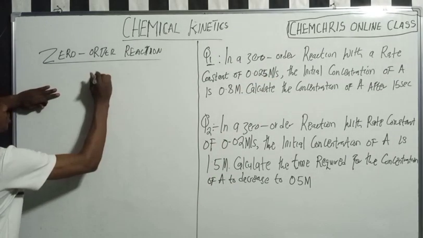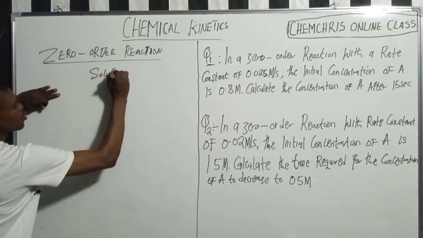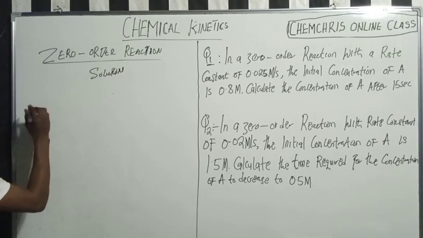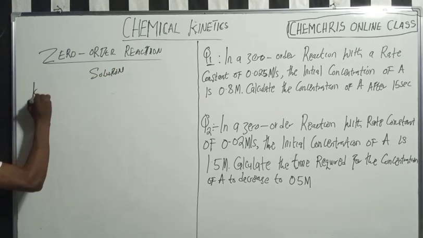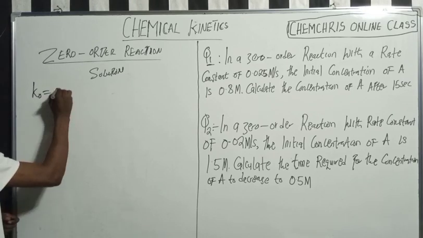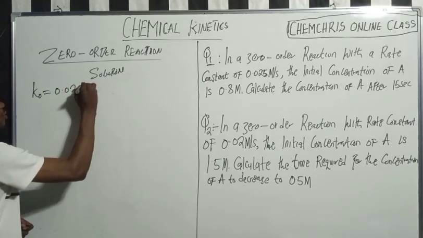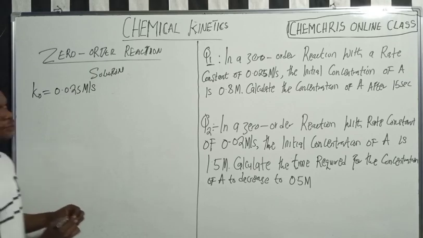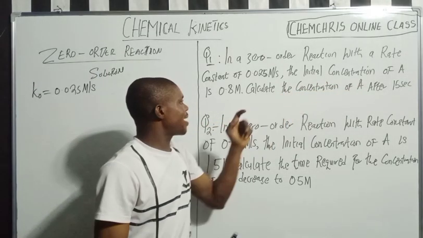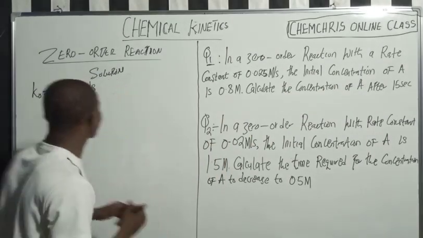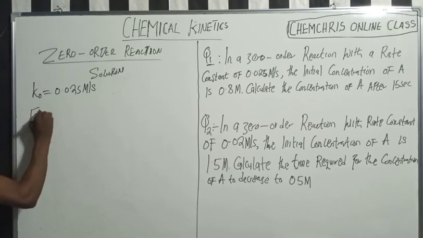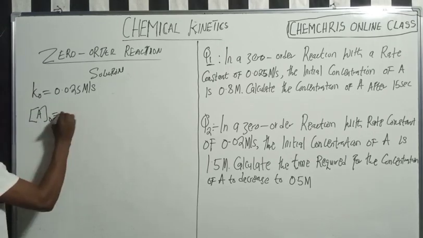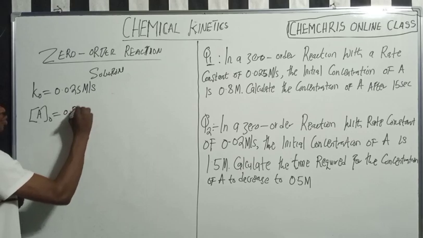So solution, let us start solving the question. My K naught is 0.025 molarity per seconds. The initial concentration of A is 0.8, so my initial concentration is 0.8 molarity.